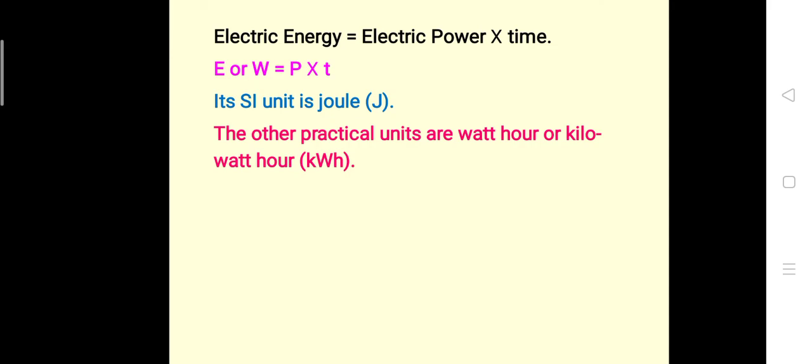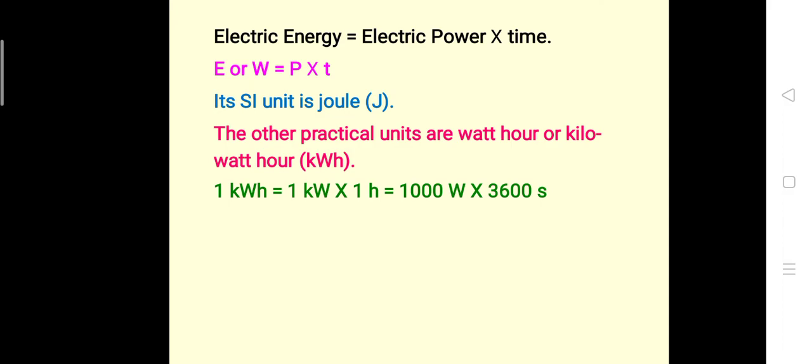Other practical units are watt hour or kilowatt hour, kWh. This is the very practical unit which we are using, kilowatt hour. 1 kilowatt hour is equal to 1 kilowatt into 1 hour. 1 kilowatt is equal to 1000 watt and 1 hour is equal to 3600 seconds.